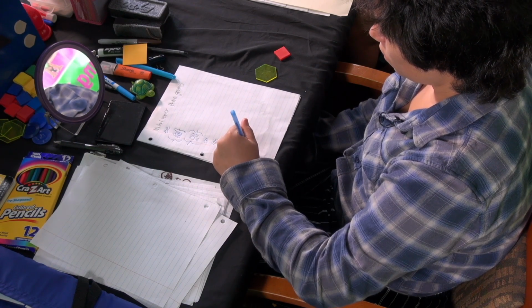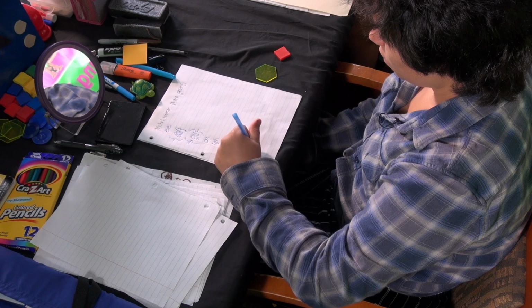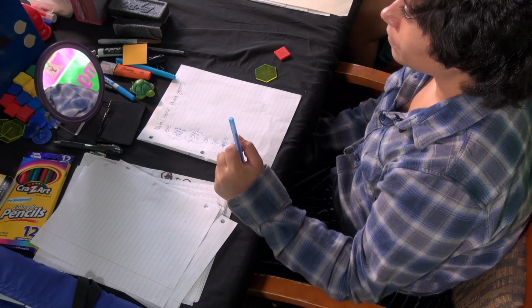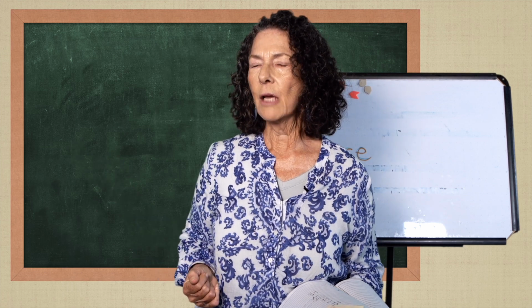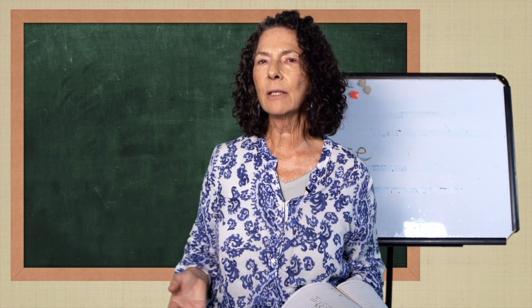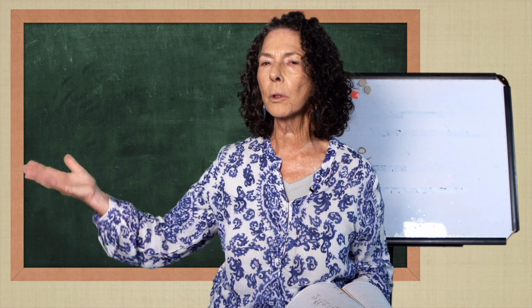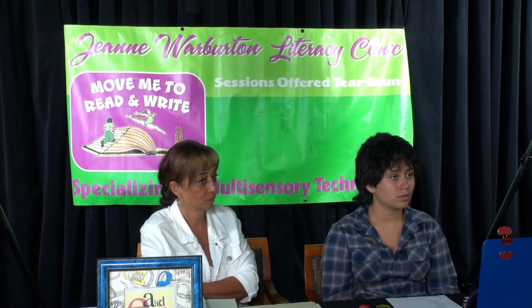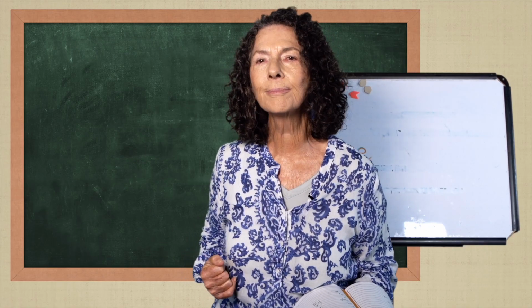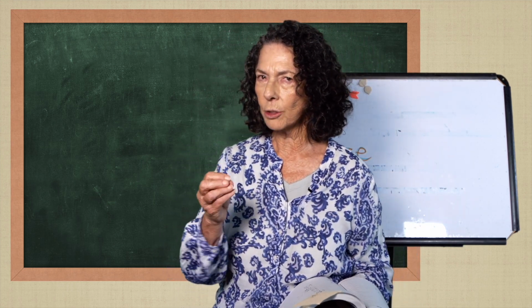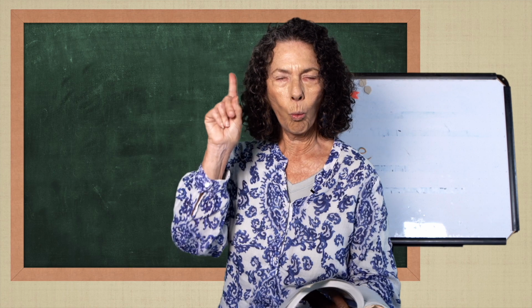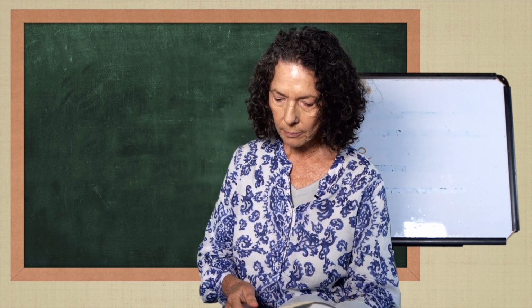Good. If I were to put an MA in front of TCH, what word would I have? Match. Please don't play with matches. Very good. So those letter combinations are multiple letters having one phonogram.